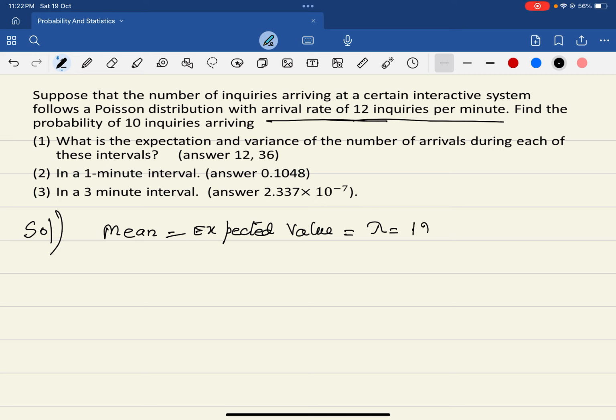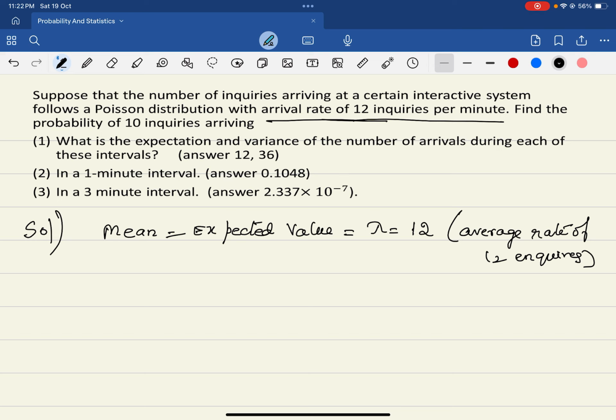So you can understand that lambda equal to 12 is the mean. That means it is the average rate of 12 inquiries. This is the mean. Okay, lambda is equal to 12.